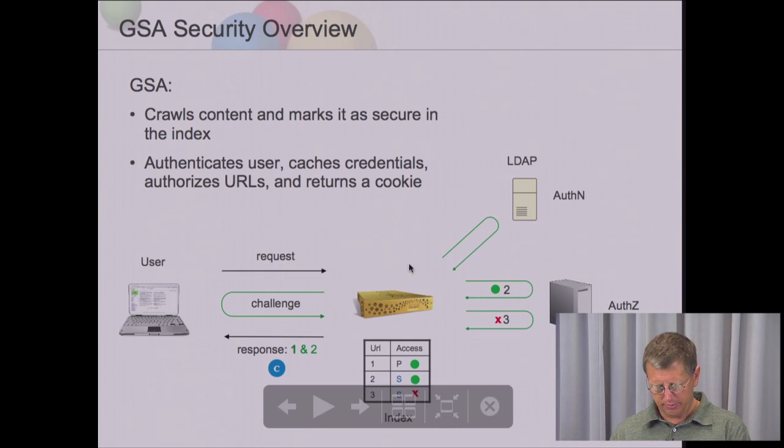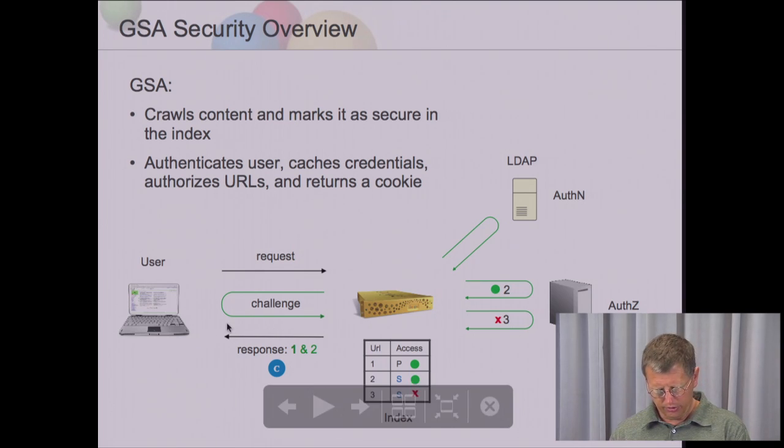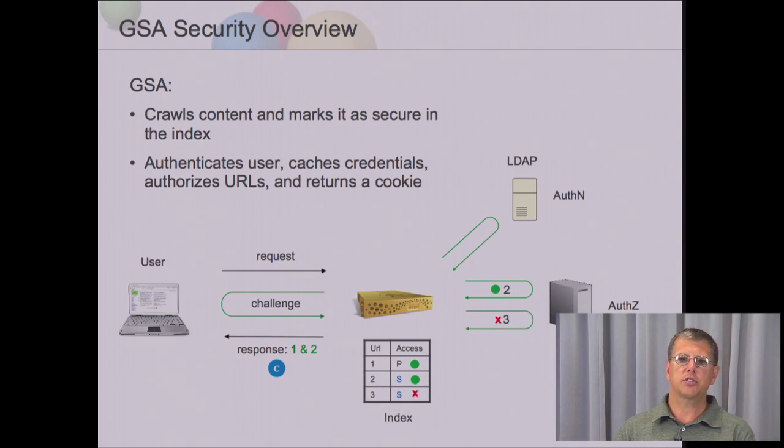We'll save some session information in the GSA and create a session cookie that identifies this user, and we'll send that cookie back with the search results. We will check the index for everything that's marked secure. You can see document 2 is marked secure, document 3 is marked secure. We'll send HTTP head requests for authorization. At this point, authentication is complete.